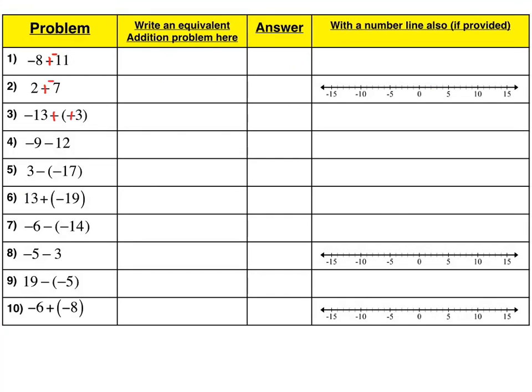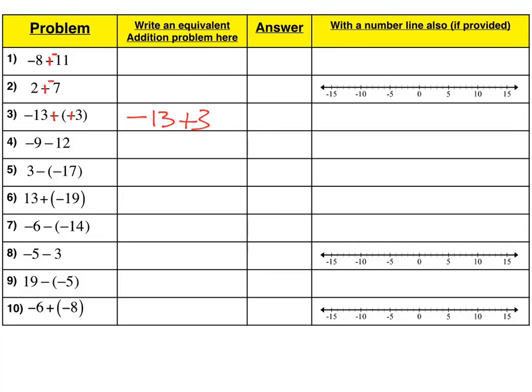That's the reason why problems like number 3 and number 7, for that matter, turn into a straight addition problem. So negative 13 plus positive 3, or negative 13 plus 3. Make sure that that is what you're doing in terms of adding the opposite. Or, in other words, when you're writing your answer as an addition problem.